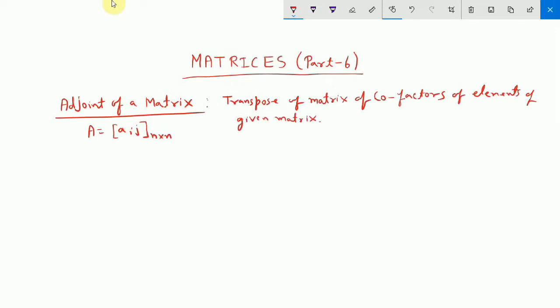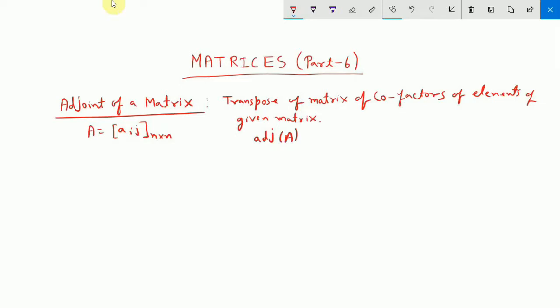Here our given matrix is A, and it is denoted by adjoint of A, we denote it in small letters. So how to calculate the adjoint?